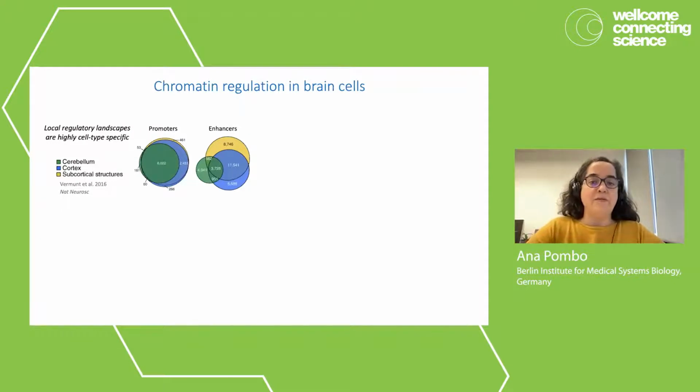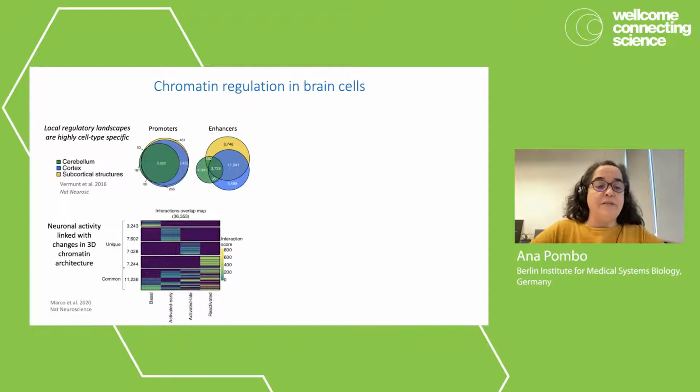And so we know, for example, if we compare the promoters and enhancers that are active in different parts of the brain, we see that there are, as we all know, many genes that are differentially expressed. But if we do the same exercise for the regulatory regions, the enhancers, then this number is much more diverse, indicating that the local regulatory landscapes of gene expression are highly cell type specific.